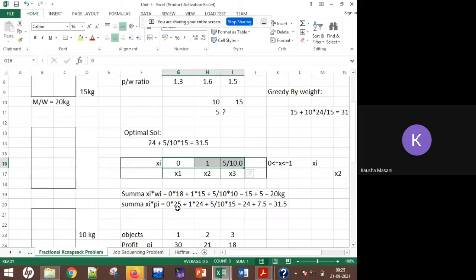So 0 into 25, plus the Xi value of item 2, which is 1, and the profit is 24, so 1 into 24, plus the fractional value 5 by 10 into the profit of X3, which is 15. When you do the summation, you will get the answer as 31.5.